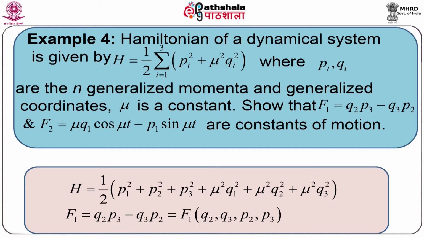Here the Hamiltonian H is given by H equal to half of P1 square plus P2 square plus P3 square plus mu square Q1 square plus mu square Q2 square plus mu square Q3 square, since the summation runs for i equal to 1 to 3. F1 is given by F1 equal to Q2P3 minus Q3P2, a function of Q2, Q3, P2, P3.